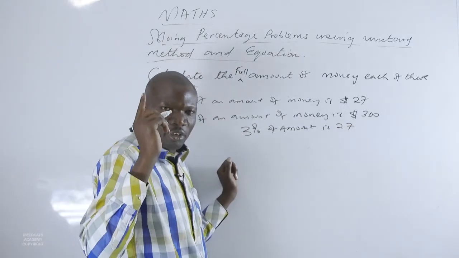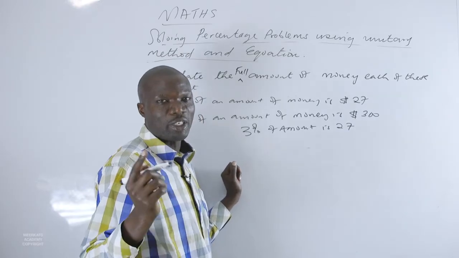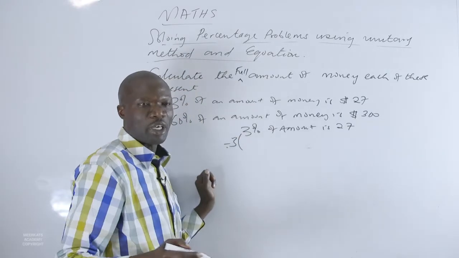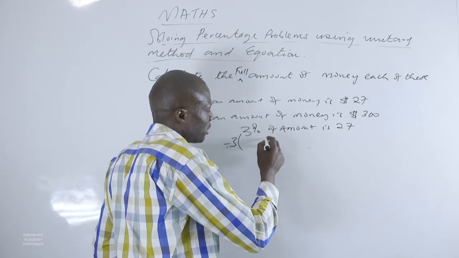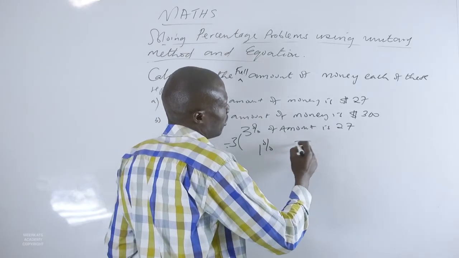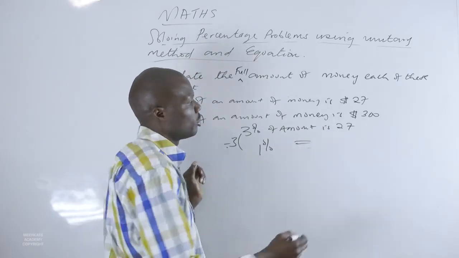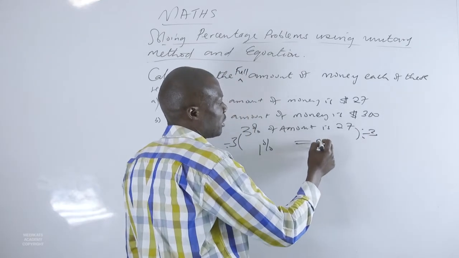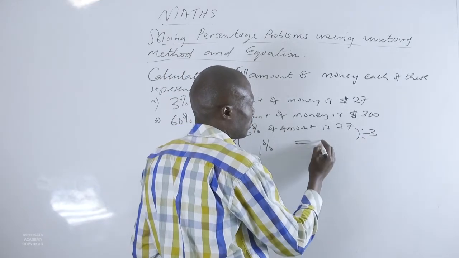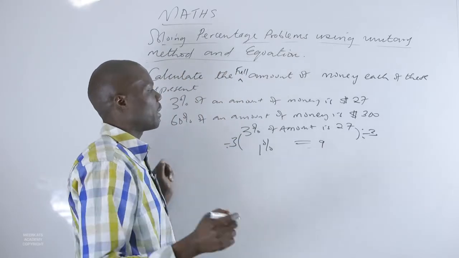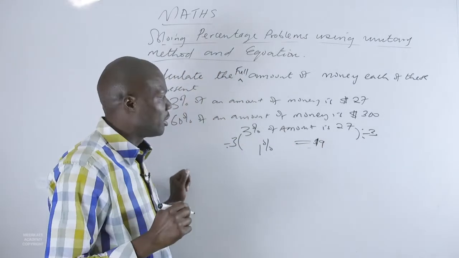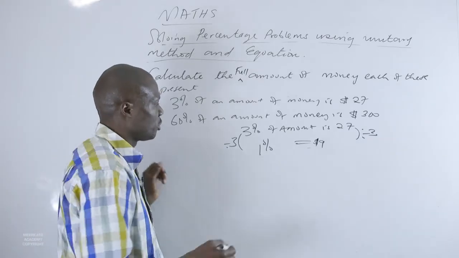We want to find out how much 1% will represent. 3% divided by 3 is 1%, so 1% of the amount is equal to 27 divided by 3. We find it is 9. So 1% represents $9.